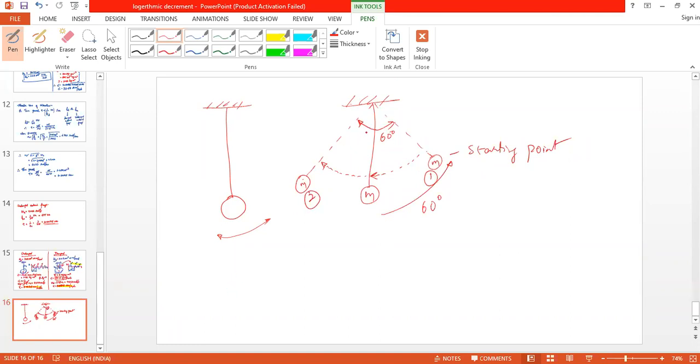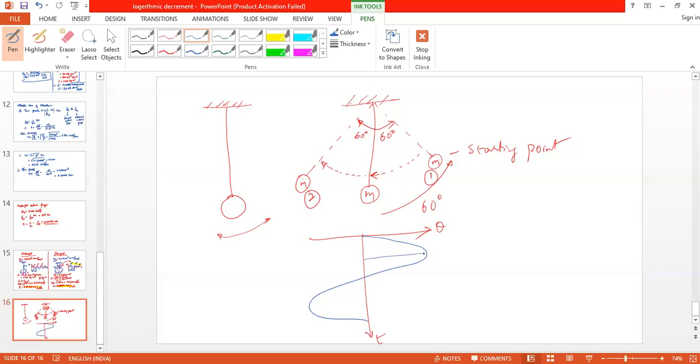Same, it's also 60 degrees. So if I write the displacement versus time, the first cycle it goes to 60 degrees in the positive direction. In the same way, it goes to 60 degrees in the negative direction. The amplitude is 60 degrees.